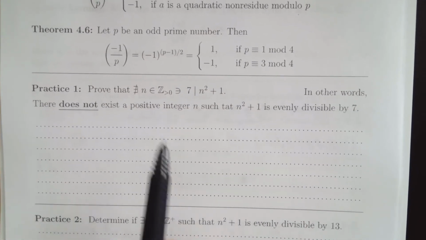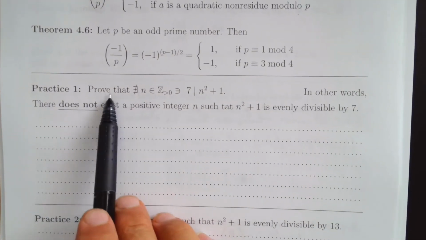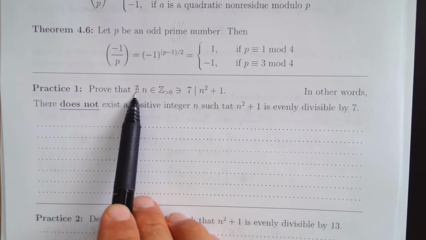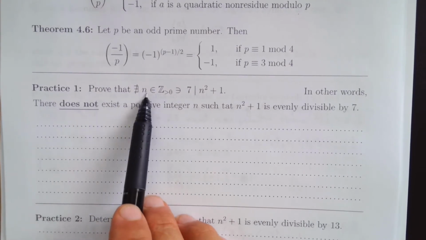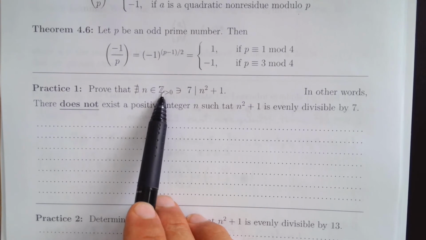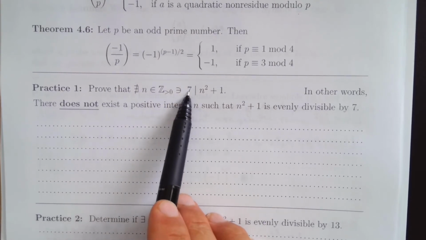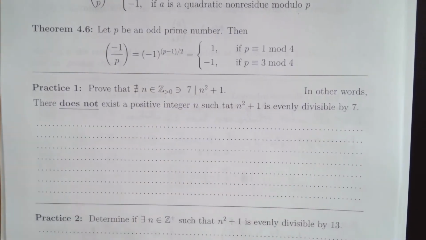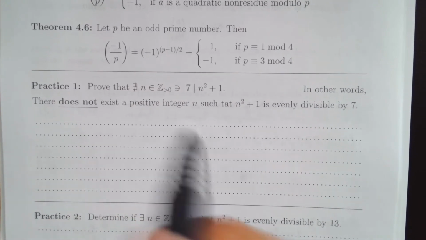Okay, so what might we do in approaching these problems? Like I said, if we want to prove that there does not exist an n in the set of integers such that 7 divides n squared plus 1, let's reframe it as follows.